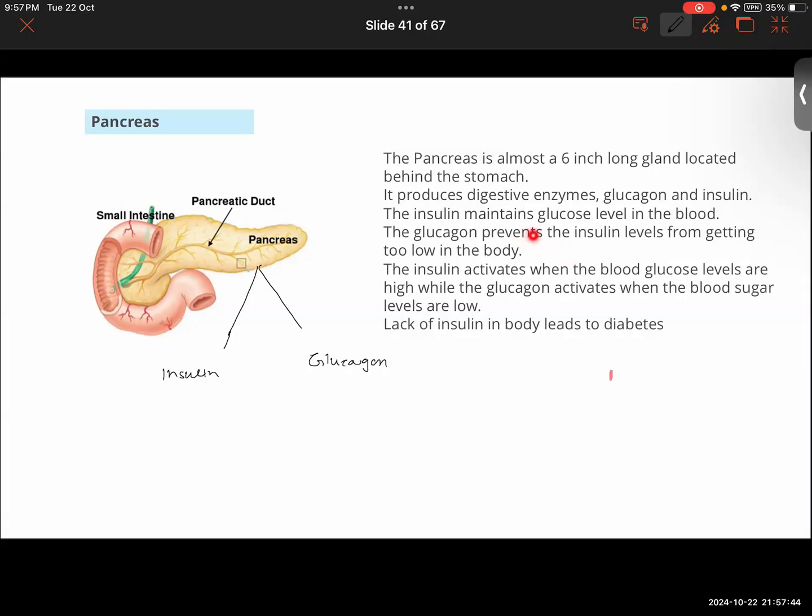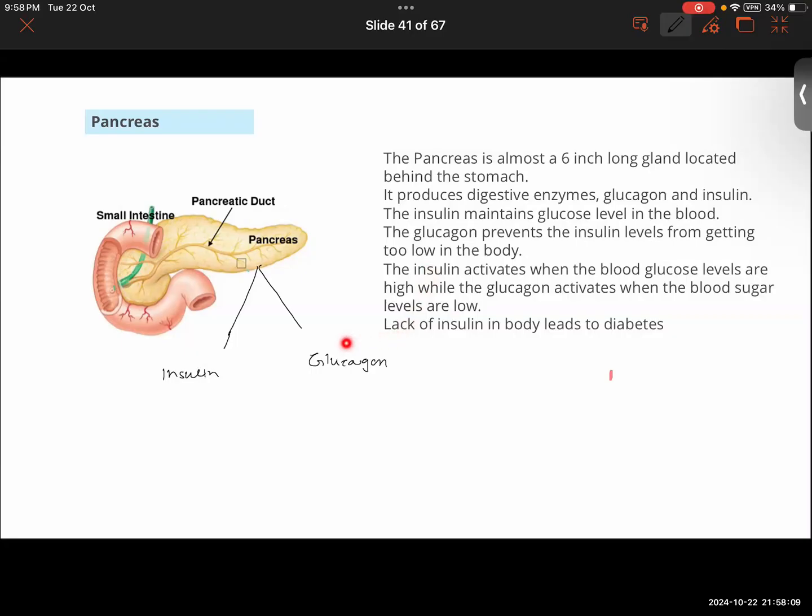Insulin is responsible for maintaining the glucose level in the blood. And glucagon will maintain the amount of insulin in our blood, preventing the insulin levels from getting too low in the body. Got this now?